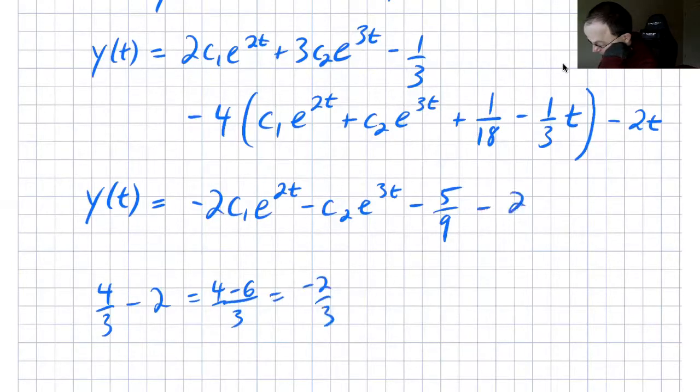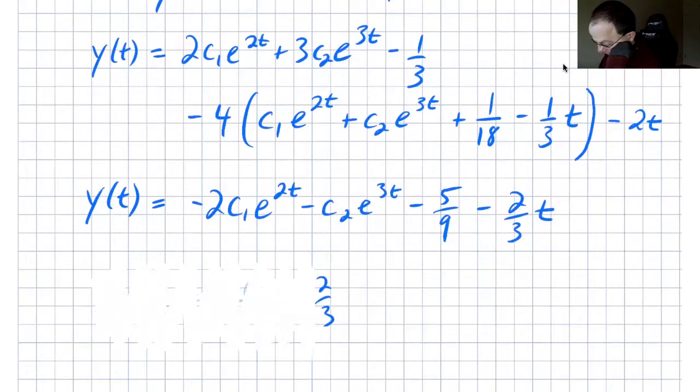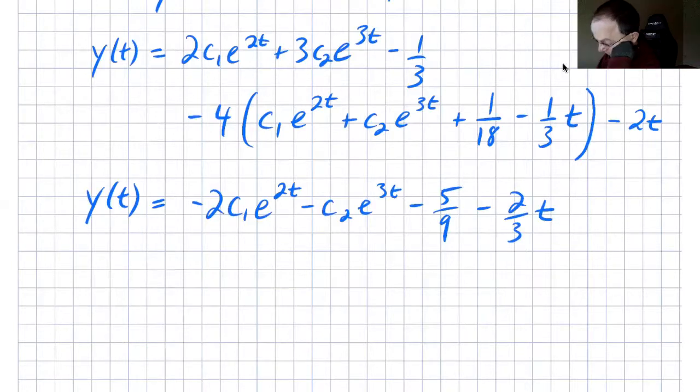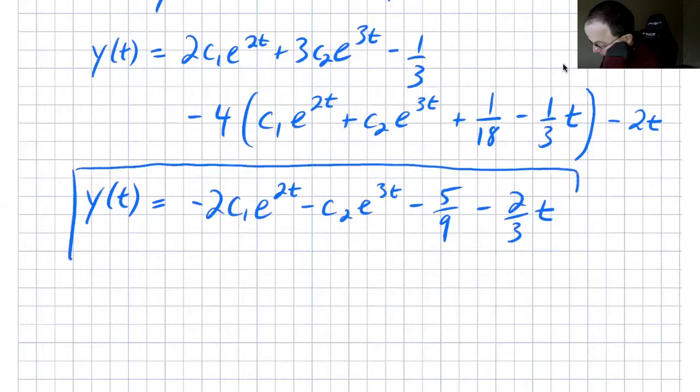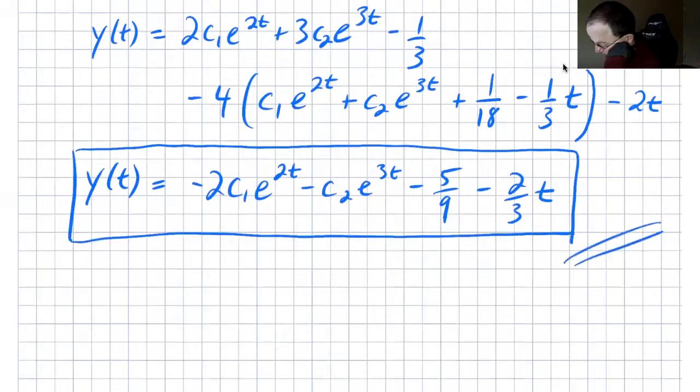So we'll have negative 2/3 times t. Yes, good. Okay, and that's it. That's our final answer right there. Because we don't have any initial conditions, so we're just going to stop right there.